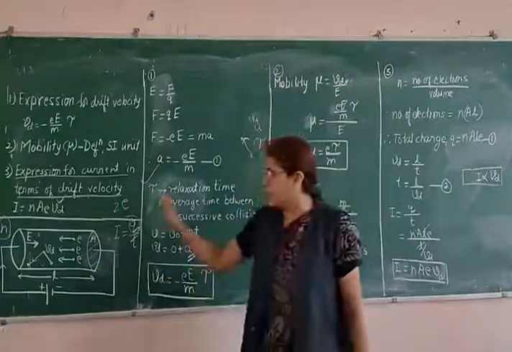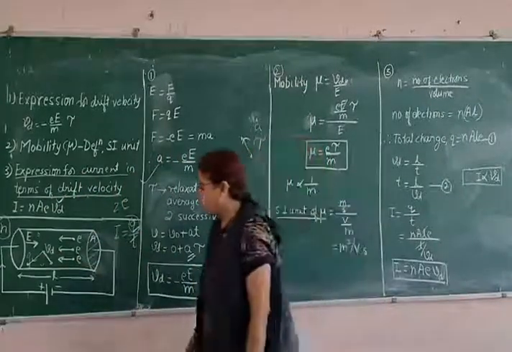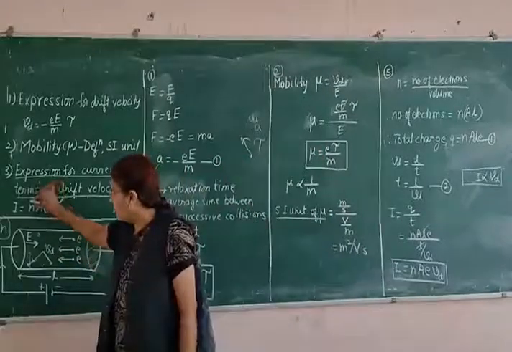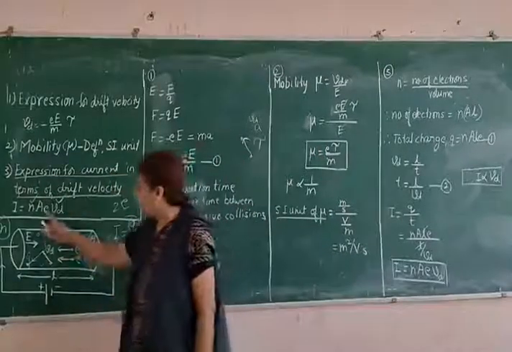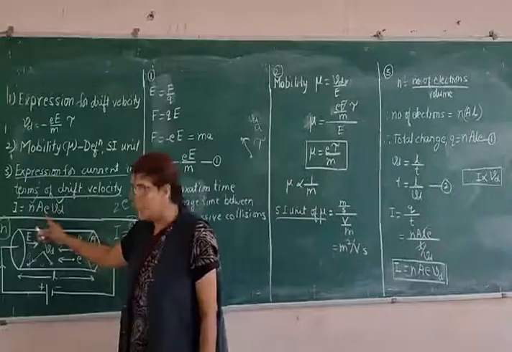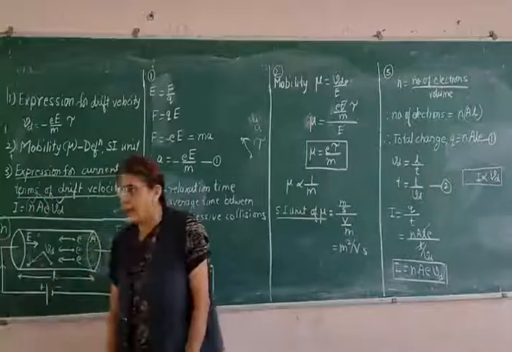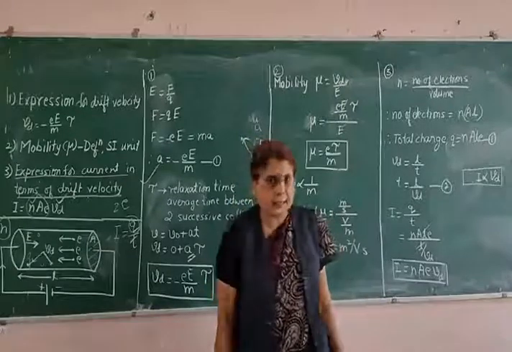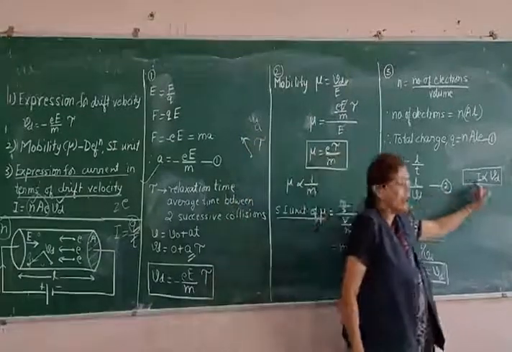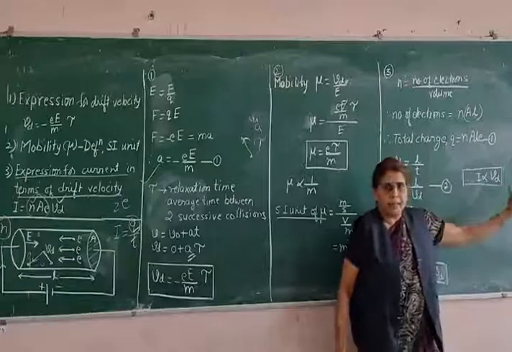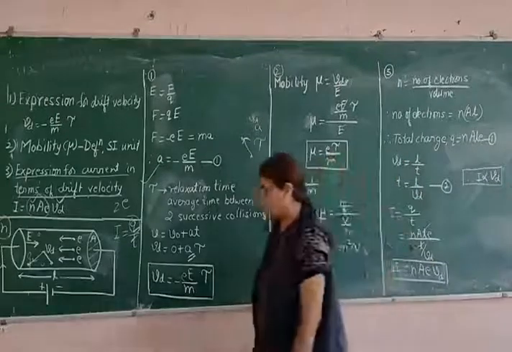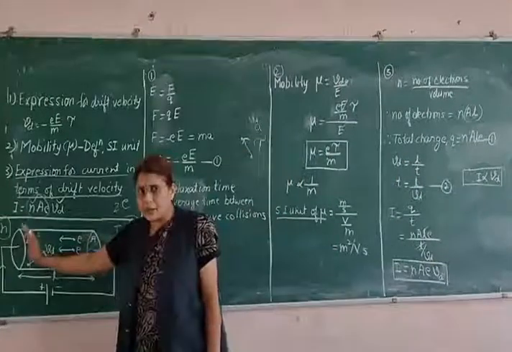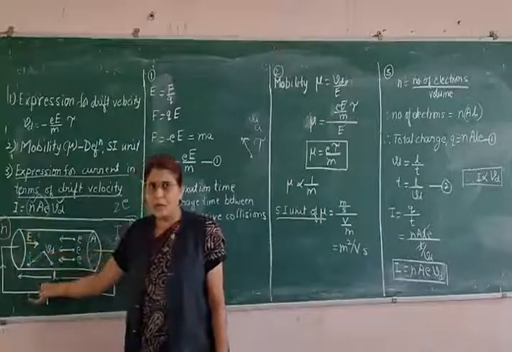If you see this relation carefully, for a given conductor, the electron density will be constant, the dimensions will be constant, e is a constant. Now how does the current depend upon the drift velocity? Very simple. I is proportional to vd. The meaning is also very clear. Faster the electrons move, more will be the current.